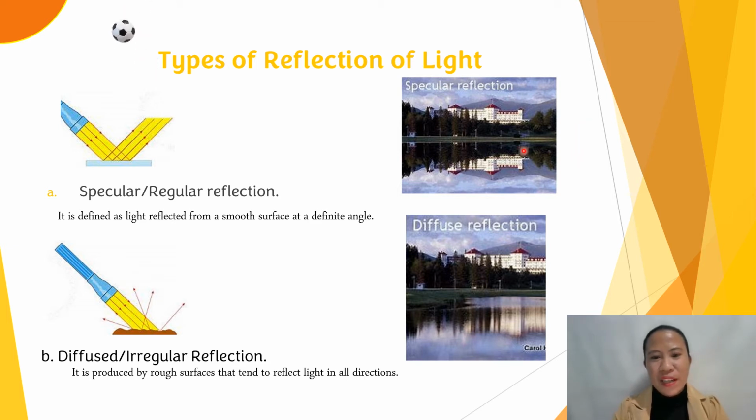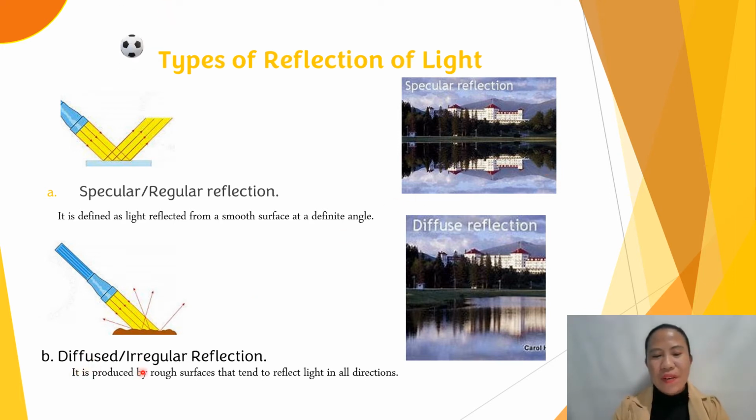It is perfectly reflected in this very smooth surface of water. You see, the light, in this case the sun as our source of light, is reflected at a definite angle. So it leads to the formation of a very defined image of an object.